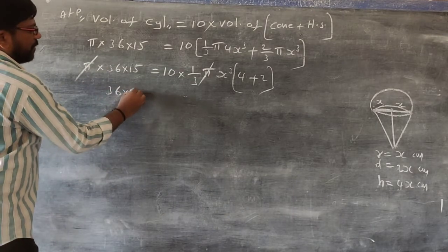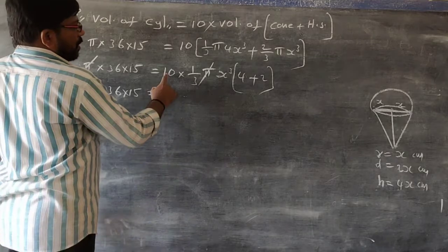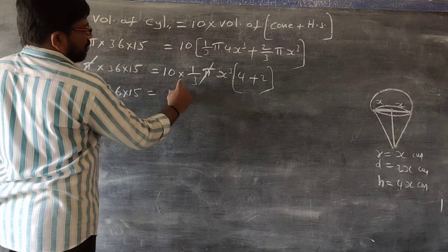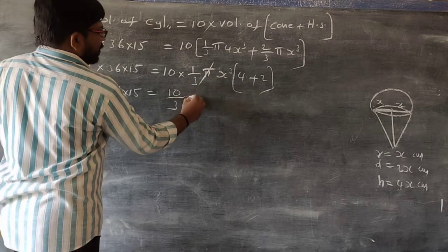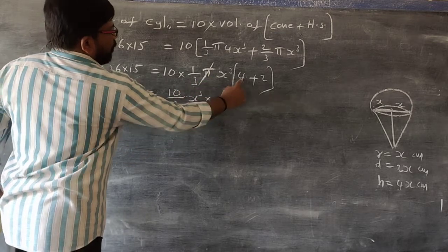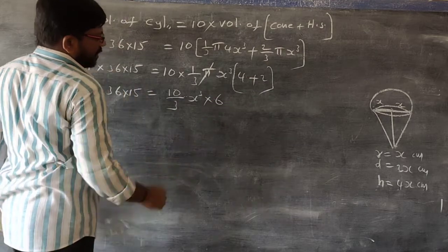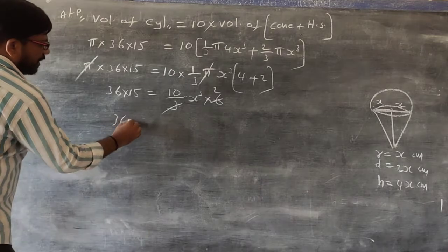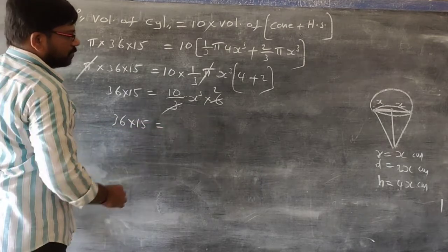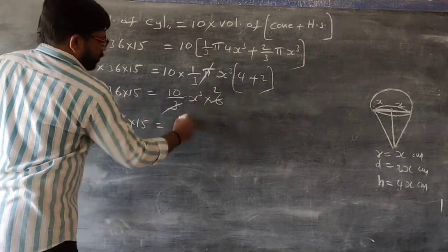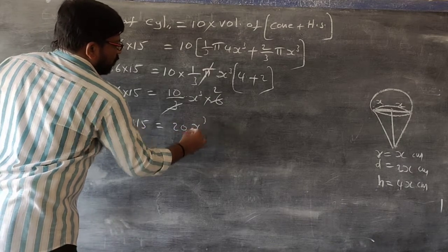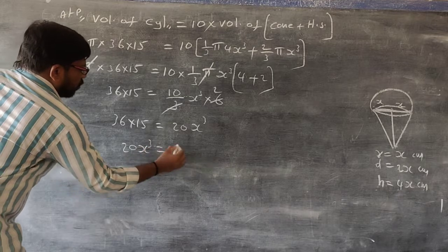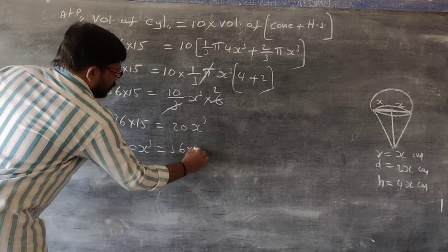36 into 15 is equal to 10 into 1, 10 by 3, x cube into 4 plus 2, that is 6, right? 3 ones are 3, 3 twos are 6. So 36 into 15 is equal to 10 twos are 20 x cube. 20 x cube, right, reverse: 20 x cube is equal to 36 into 15.